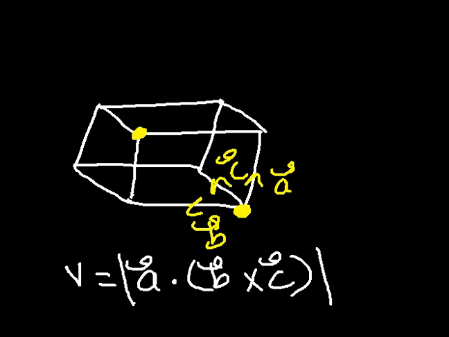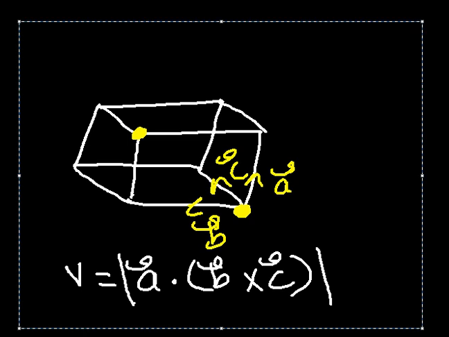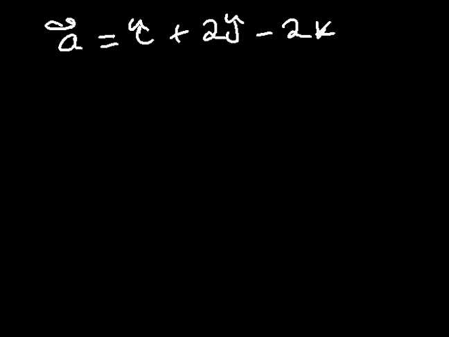So we take the absolute value of the scalar triple product of those three vectors. Let's say we have a vector A that is given as i plus 2j minus 2k.